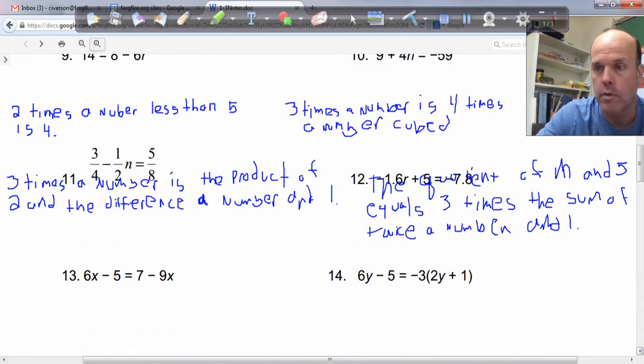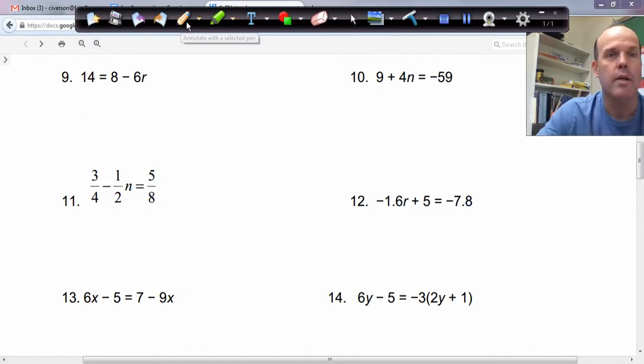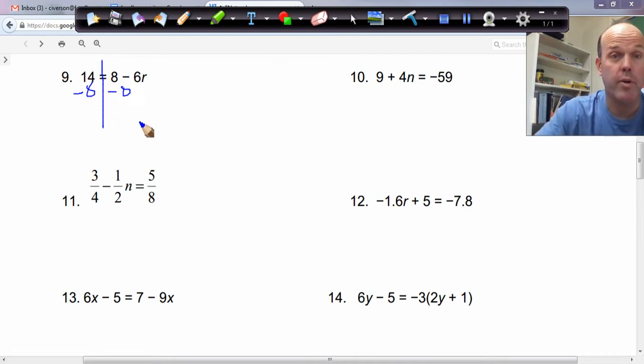I'm just going to solve these equations. This should be a lot easier. So erase my board. Okay. I'm just going to solve. We've got 14 equals 8 minus 6r, so we want to subtract 8 from both sides, because the equal sign goes straight down the middle, separating the two.